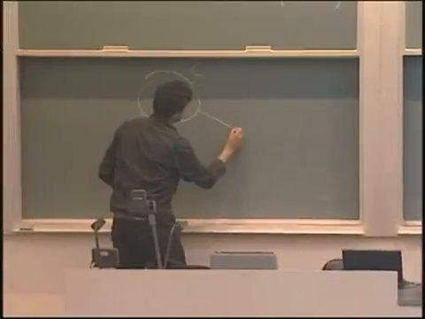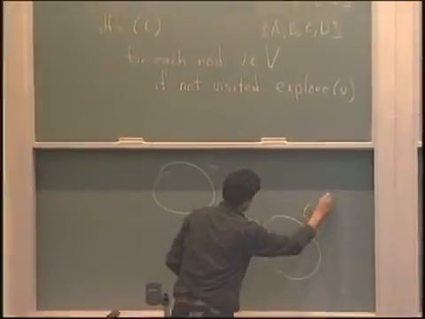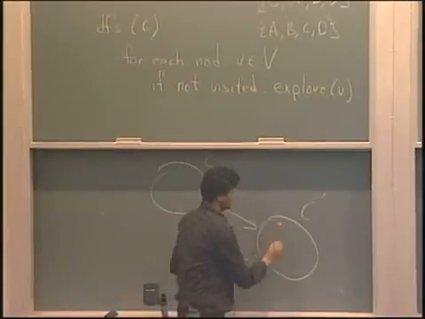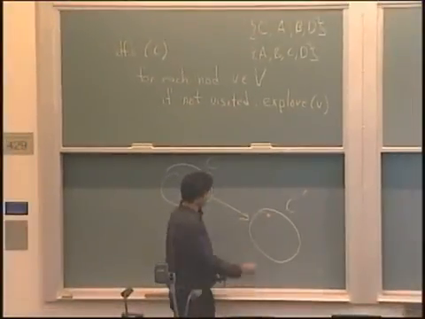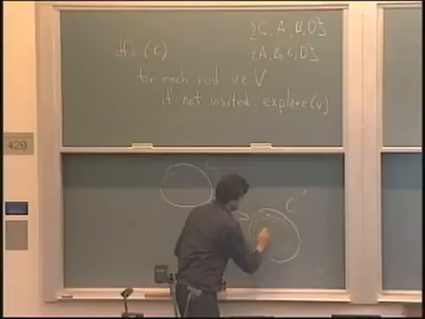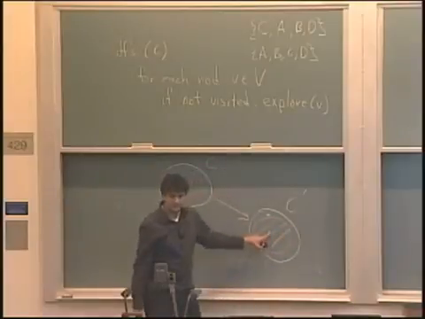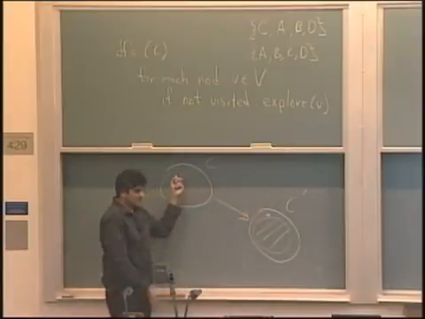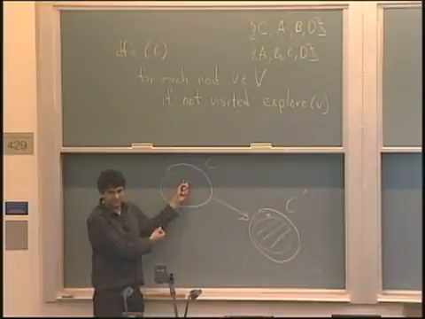So you have C and C prime. Let's say the first one we explore is here. If we explore here, we explore all of this, and then we pop off the stack. And then after that, at some point later in time, a node in here is explored.